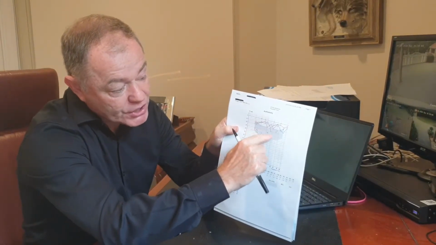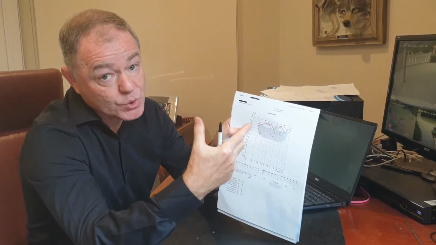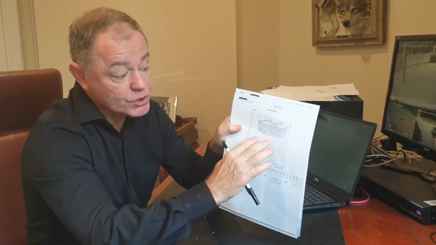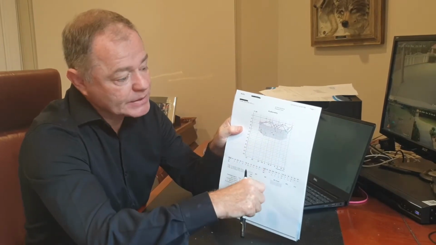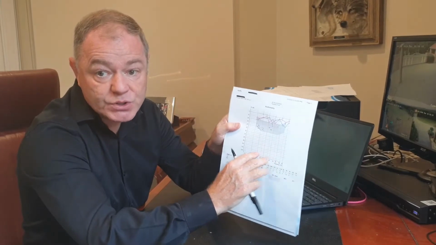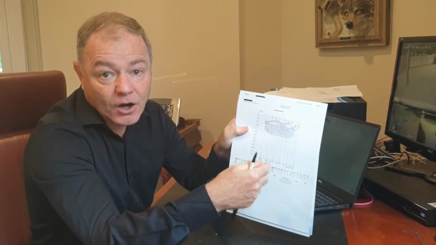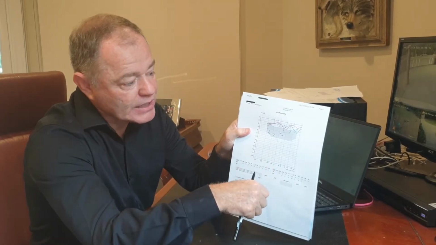Once your hearing drops outside this grey box, below it, then that's when the hearing loss becomes quite critical, and that's when the loss would be a severe loss typically. So the further down the page your hearing goes, the worse your hearing loss is and the more need you have of having a correction to your hearing.